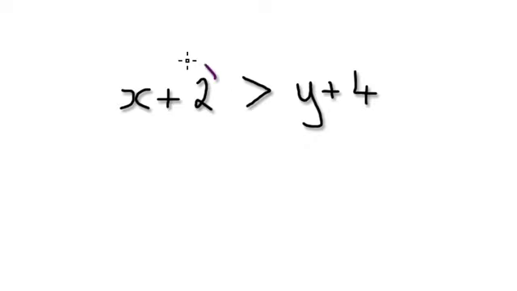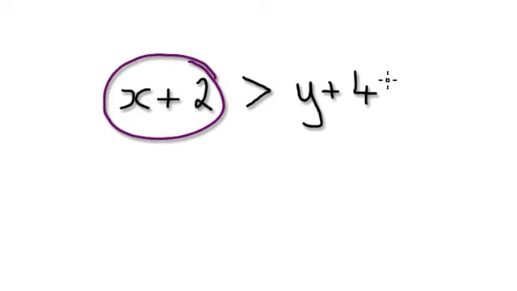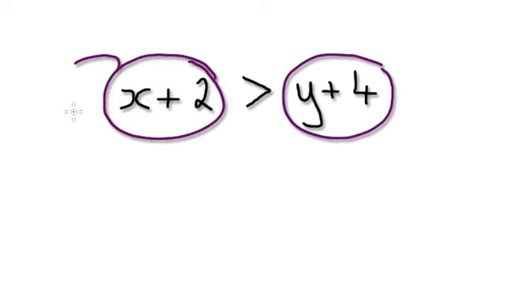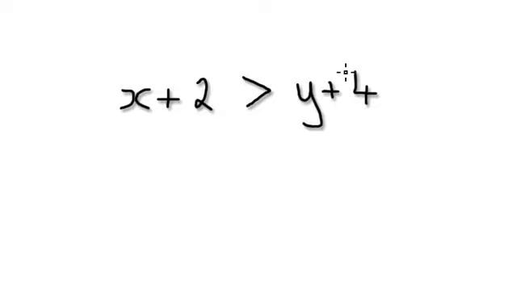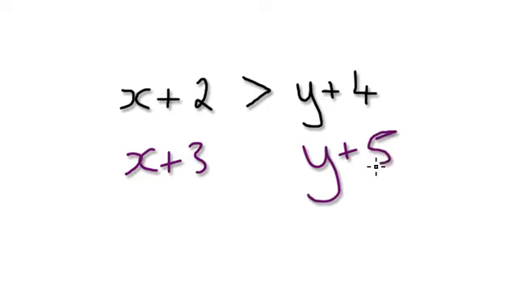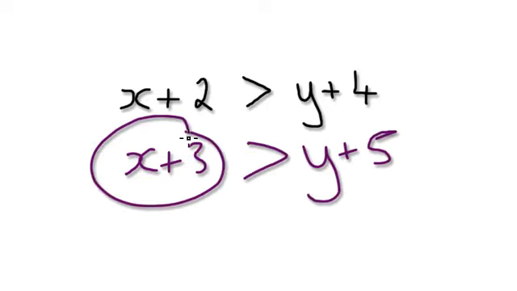When you're told this is greater than this, if you add, take away, divide, or times, then the sign stays the same. So, for example, if you add 1 sweet to both sides, this side will always be greater than this side.